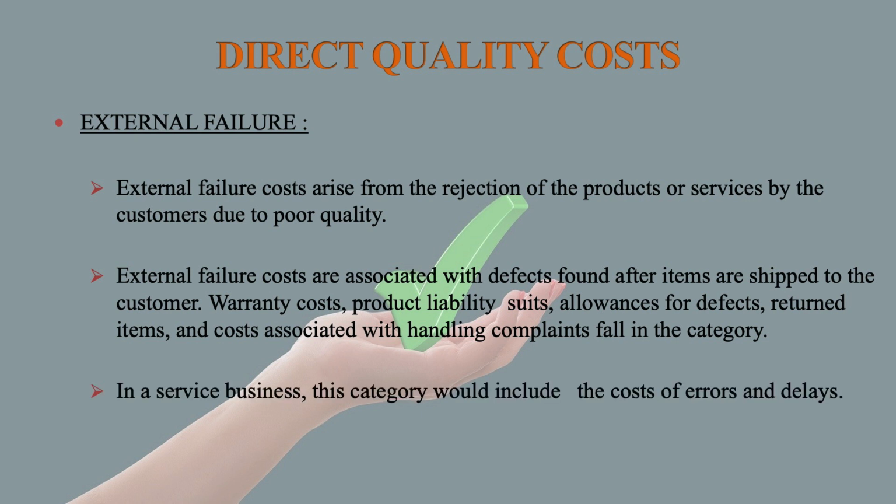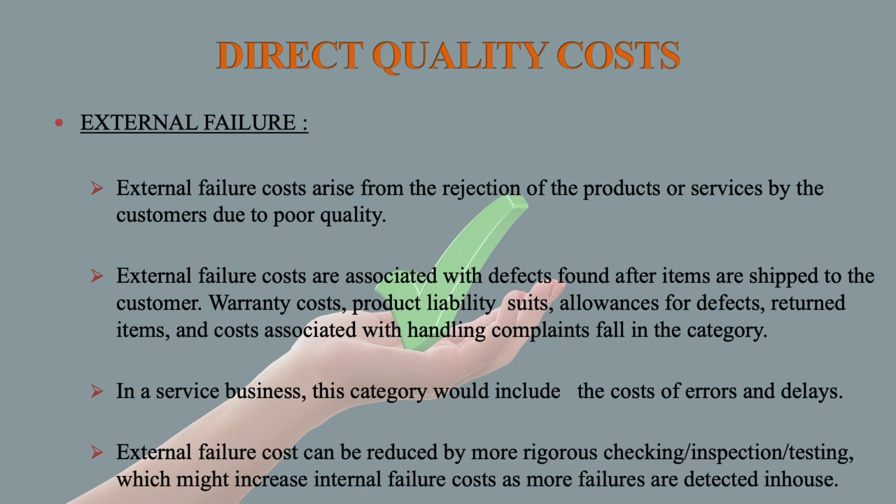In a service business, this category would include the cost of errors and delays. External failure costs can be reduced by more rigorous checking, inspection, and testing, which might increase internal failure costs as more failures are detected in-house.